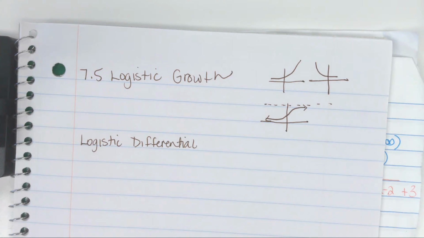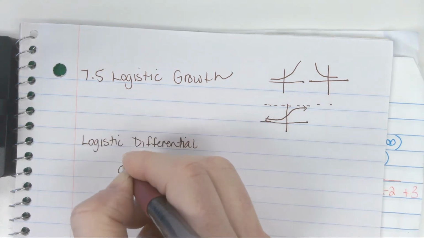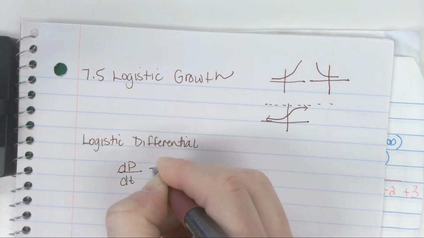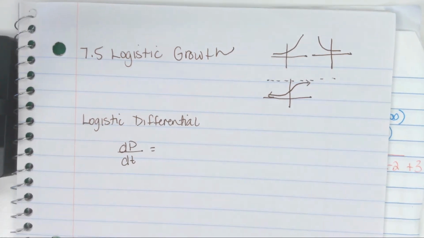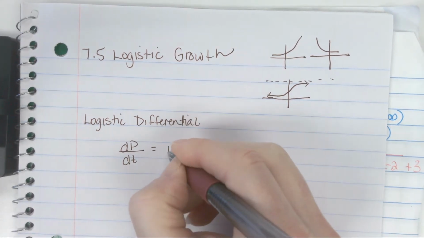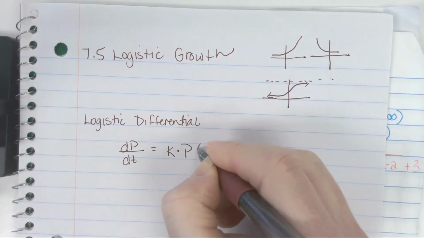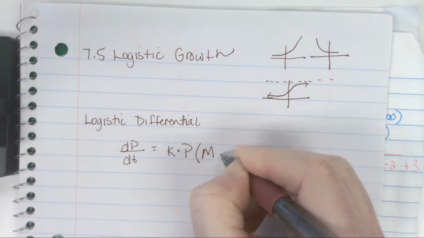So we would have dP/dt, the rate of change in population with respect to time, is some constant k times P times (M minus P).